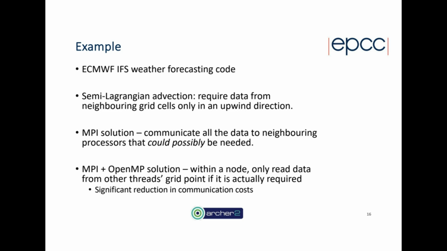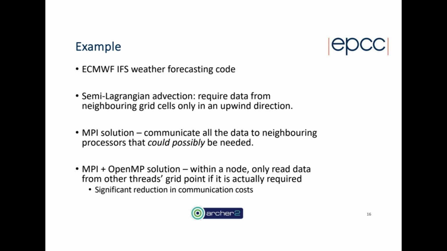So the MPI solution is that you communicate all the data to the neighboring process that could possibly be needed, regardless of what the wind velocity is on your neighboring processor. Whereas with MPI and OpenMP, at least as long as you're within a node, or within an MPI process, you're only going to read the data from another thread's grid point if it's actually required.